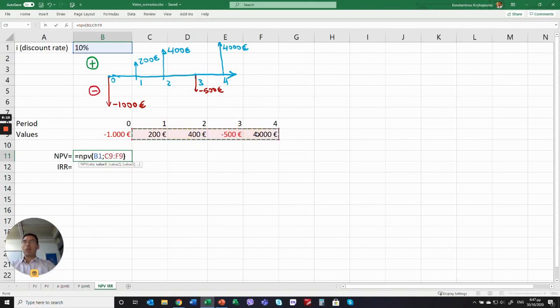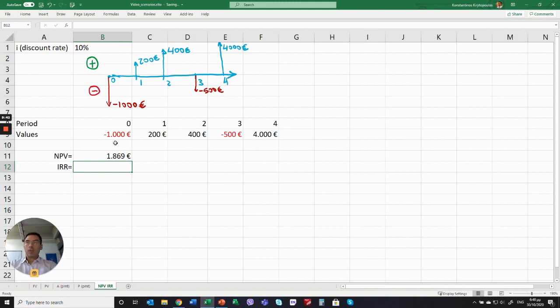In this case, you close the parentheses, but of course, do not forget to add the already present values, what I'm paying today, the initial investment, which is 1,000 euros in this case. I press enter, and then the value that I get is 1,869 euros. So this is the present value of my whole investment.